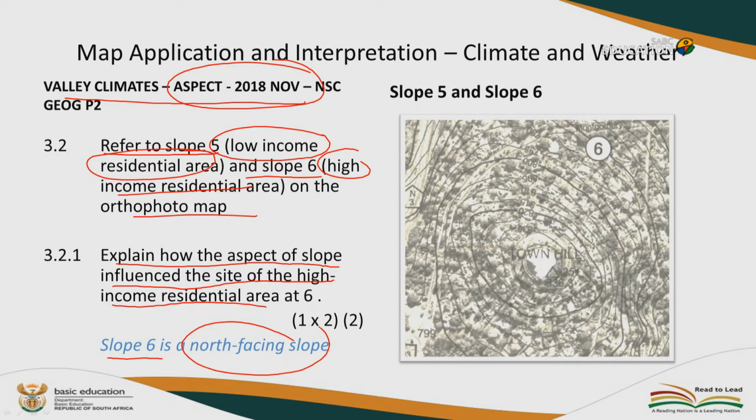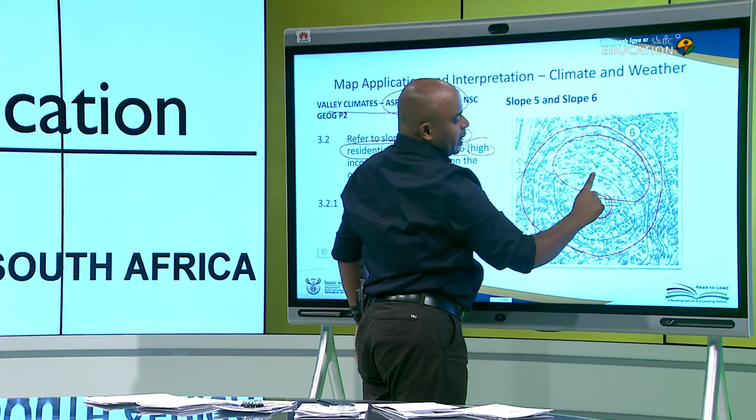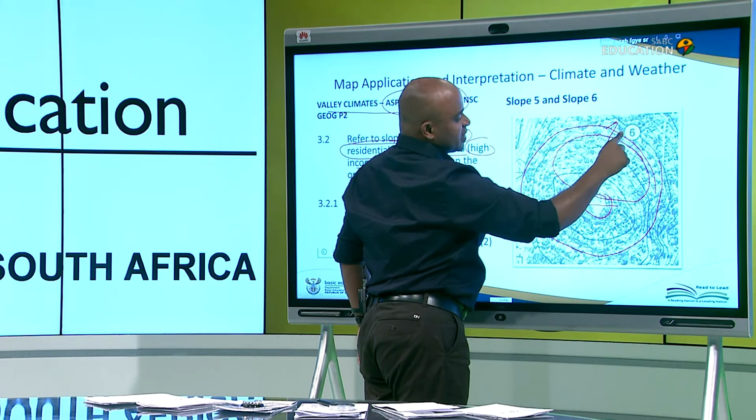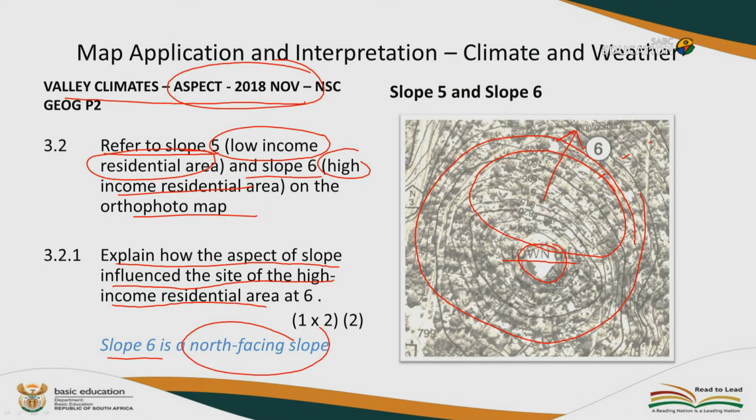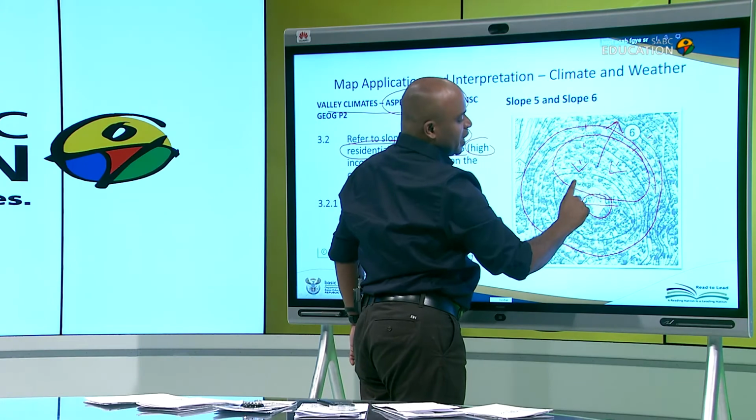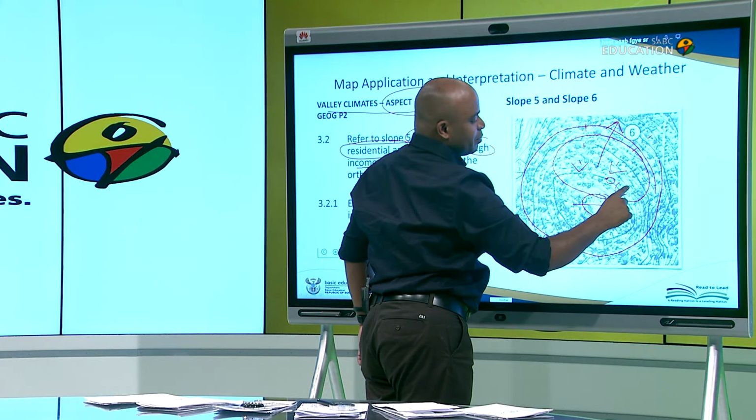Notice the following. Here, on this particular orthophoto map, we have what we call Town Hill, which is the name of the settlement. The settlement has various different locations around it. However, this is your north-facing slope, which means that you have sunlight which comes through directly on this slope, increasing its temperature.